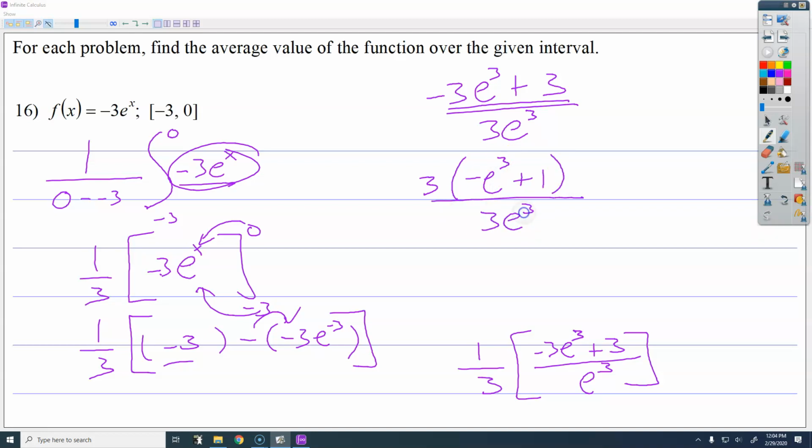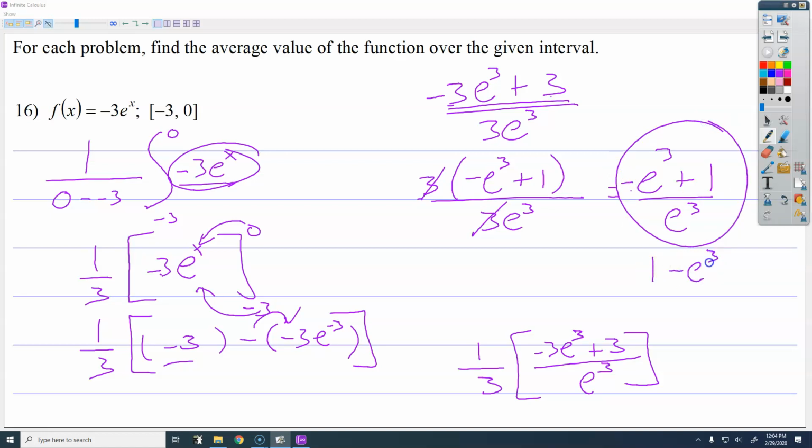So I divided a 3 out of both of the terms there. And the reason I did that is so I can cancel those out. And so here is what your final answer would look like. They might write it like this, or since this is a negative, they might write it like this. Either way is fine. Okay?